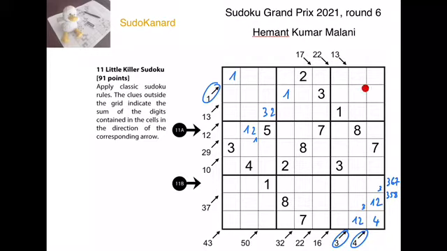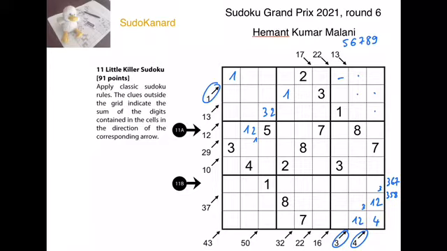Okay, let's go up. We see that those 5 digits have a sum of 35, which means that they must be digits from 5 to 9. So the remaining digits now must be 2, 3, and 4.